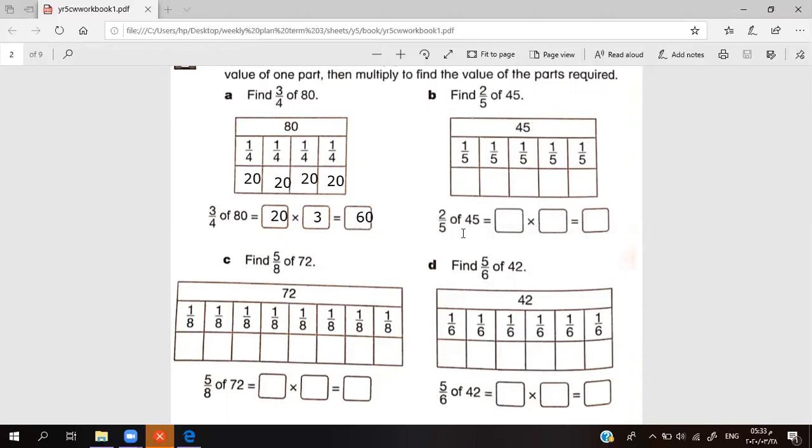Now let's find number B. He wants 2/5 of 45. Okay, wants 2/5 of 45. So let's get 1/5. I'll do 45 divided by 5 if I want to get the 1/5. 45 divided by 5, it's going to give me a 9. Right? Meaning each one of these is a 9.